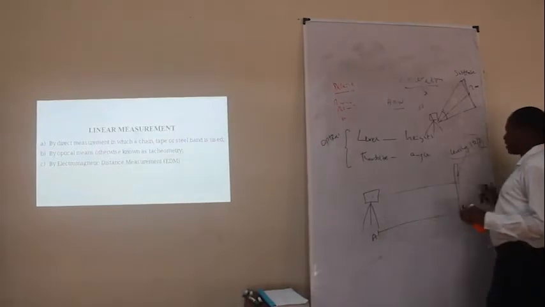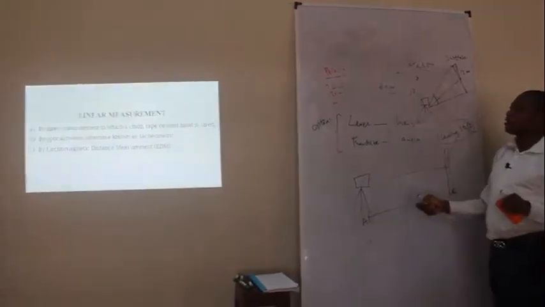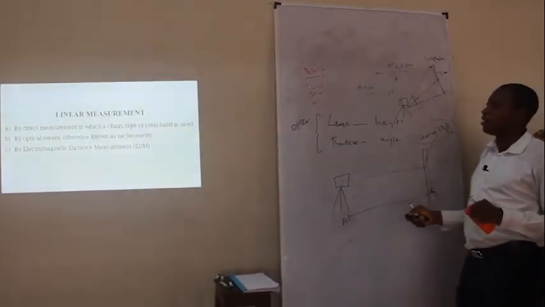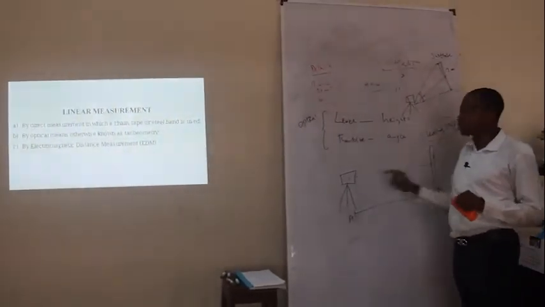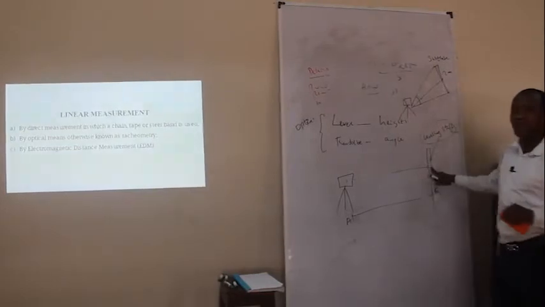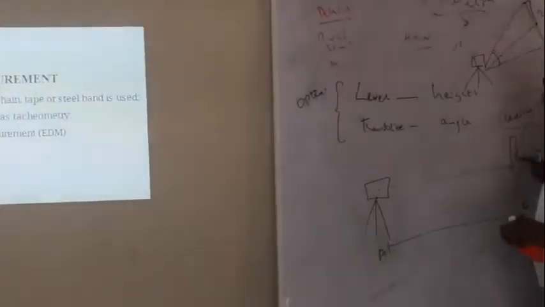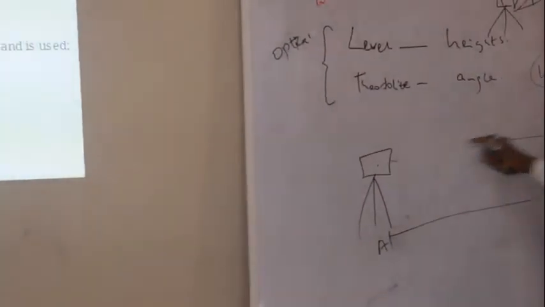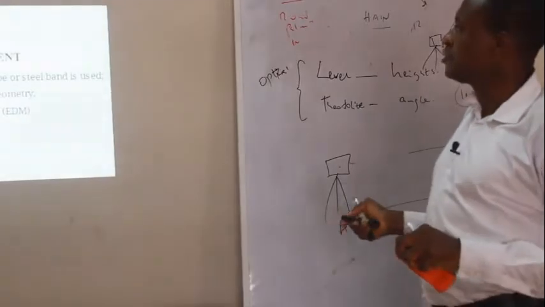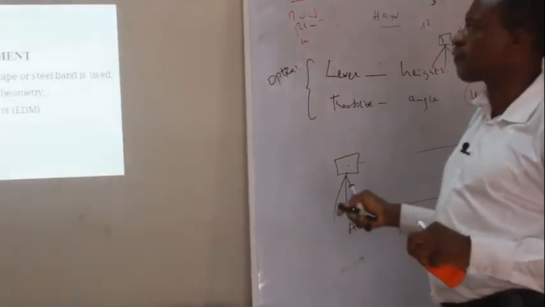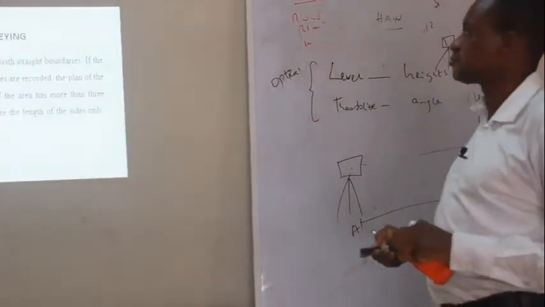So you communicate, you send a signal. Once you press the button, it sends signals to the remote, and the time it takes to go to and fro will help you determine the distance. That's an electronic method. So these are three ways of carrying out purely linear measurements.